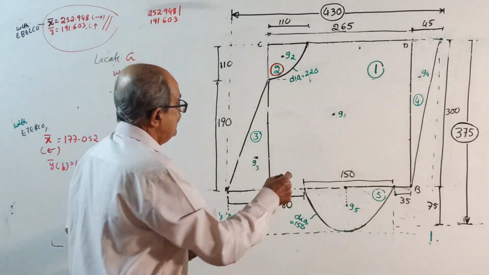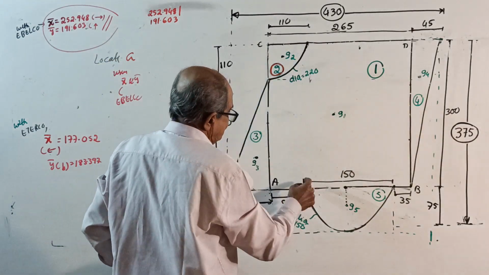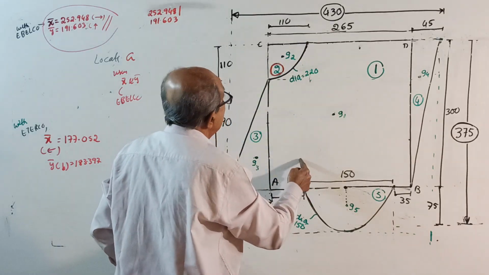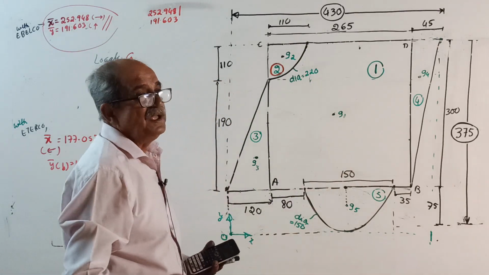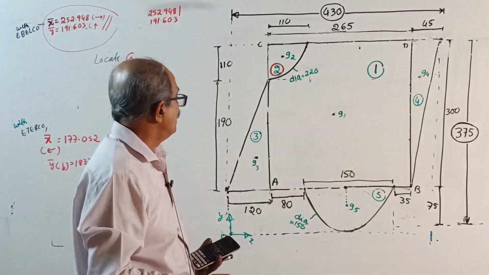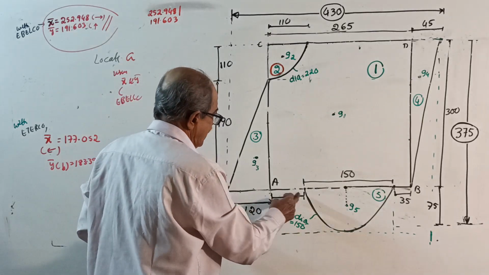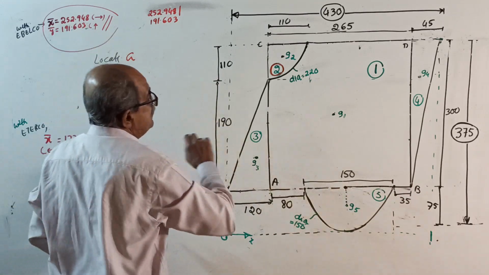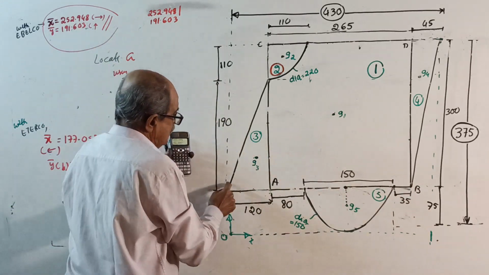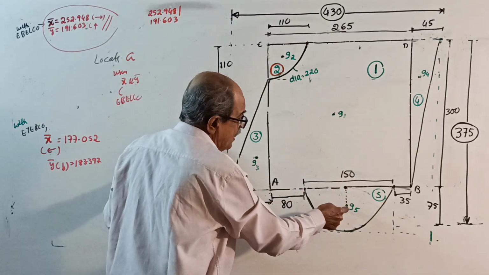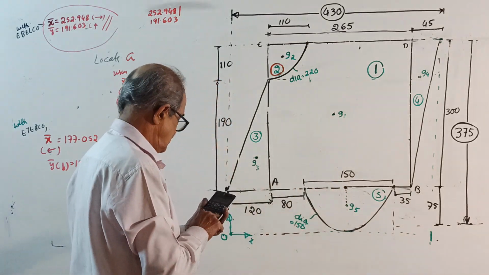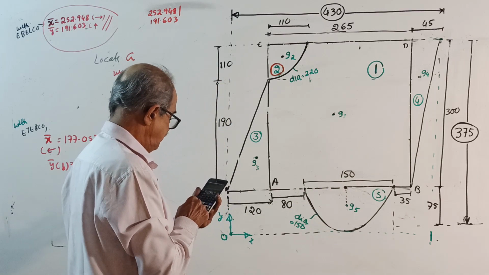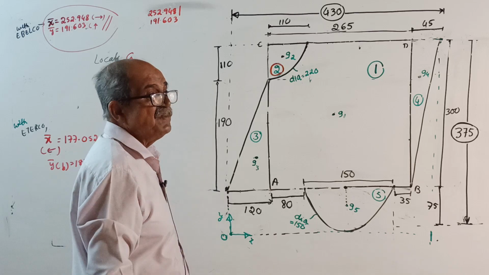I removed it. See, this edge and this edge difference is 30. It is not required. If the requirement is there, I will put it again. Now 120 plus 80 is 200. So further you have to go. From here to the centroid of the semicircle, 120 plus 80 plus 150 by 2, 275.